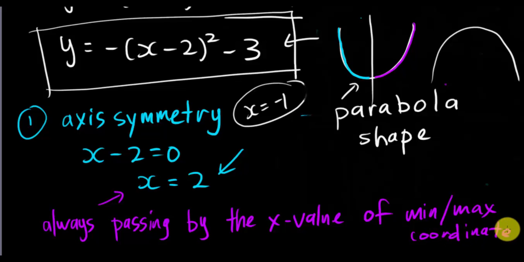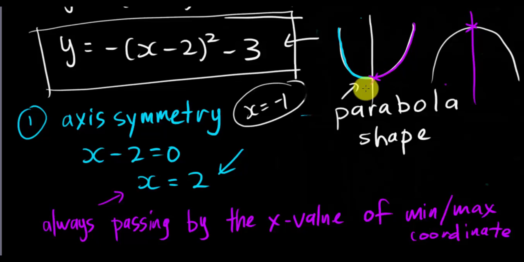Because in order to cut the U or N in half, it must pass through the maximum, the turning point, or what they call the stationary point. Because this is a symmetric shape, the maximum and minimum are always in the middle of it.